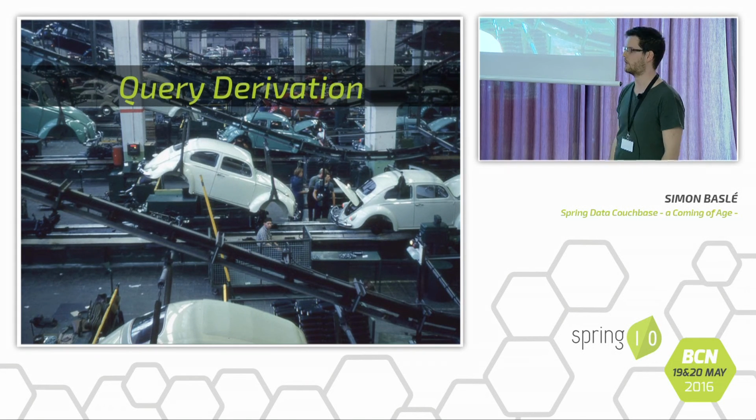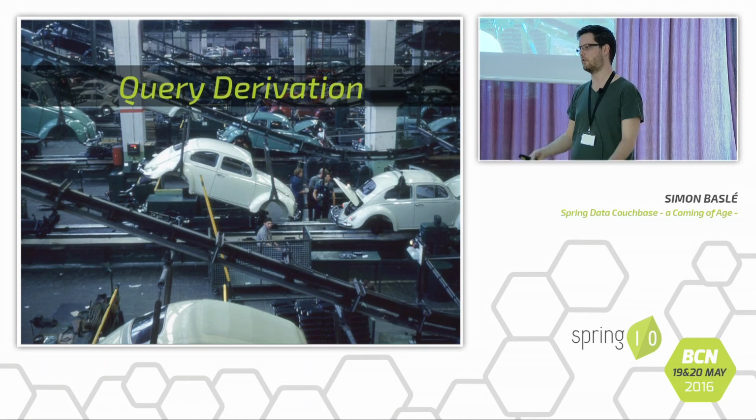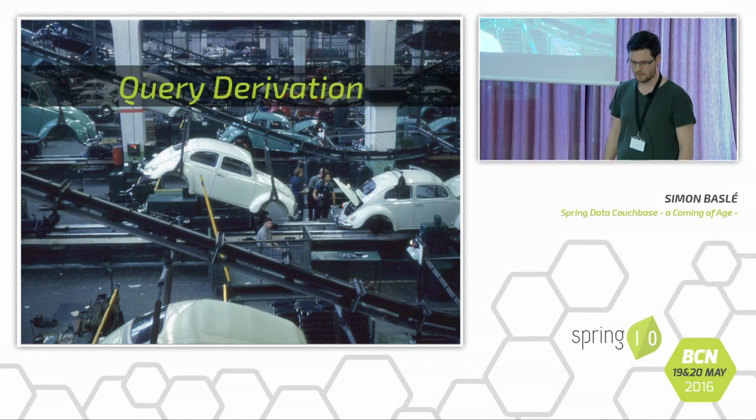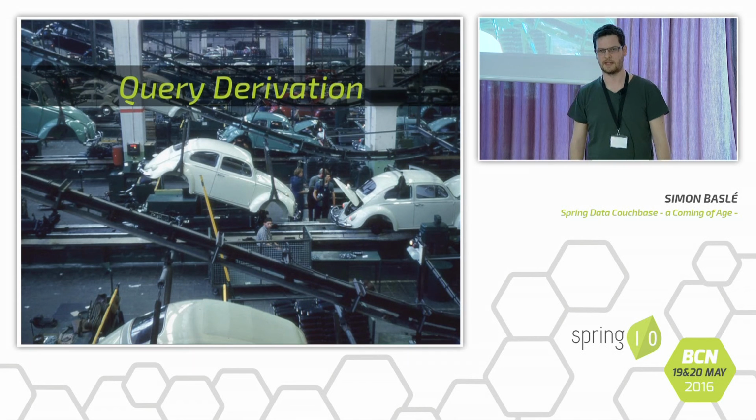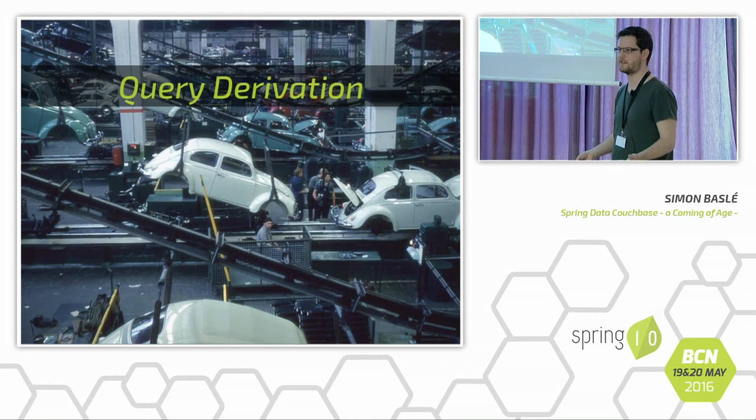So the Couchbase connector now supports that. Previously, the only way of querying a repository with the 1.4 Couchbase connector was through views. Views are the historic querying mechanism from CouchDB. It's basically a map reduce function that runs on your cluster.